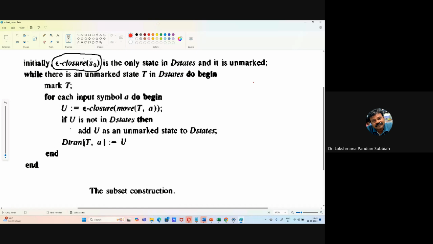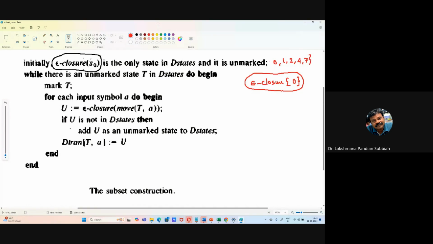Now we are calling the previous algorithm, epsilon closure of S naught is 0. The previous algorithm gives the output as 0, 1, 2, 4, and 7.